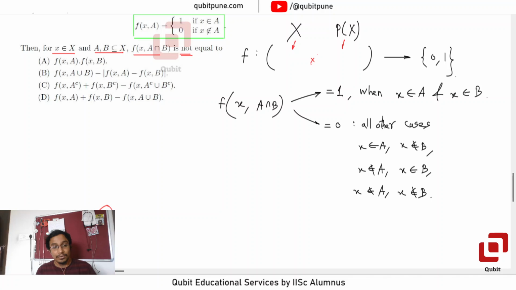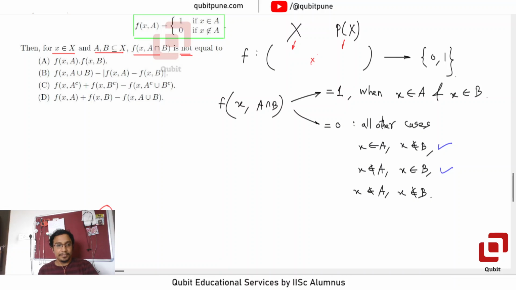Meaning, suppose x is in A but not in B. So I am basically covering these two possibilities together now, because this operation is commutative regarding the intersection operation, we can only consider one possibility and get rid of the other. So if x belongs to A but doesn't belong to B, then this will become 1, this will become 0. But that automatically makes f of x comma a intersection b 0, because it doesn't belong to a intersection b. Is this clear what I am saying?